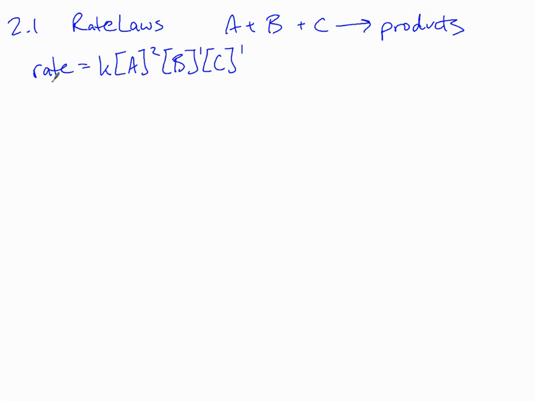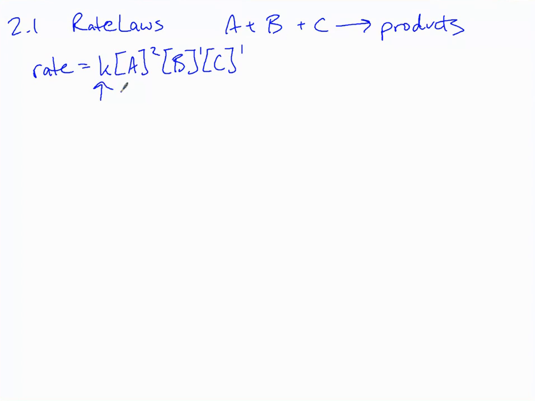Let's say we were going to look for the rate of trial number 2. This thing right here, the rate. We have a concentration for A, we have a concentration for B, we have a concentration for C. It's all here in the table. What's the problem? Can you see a problem right now? We don't have a K yet.